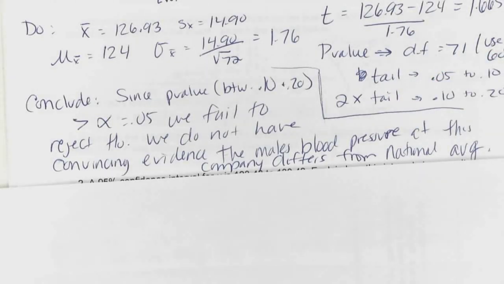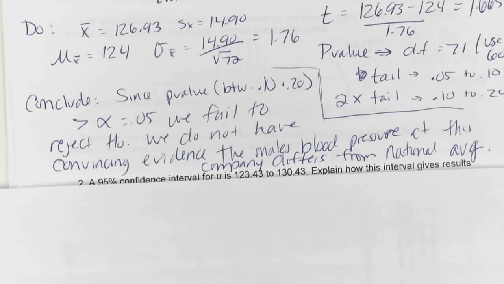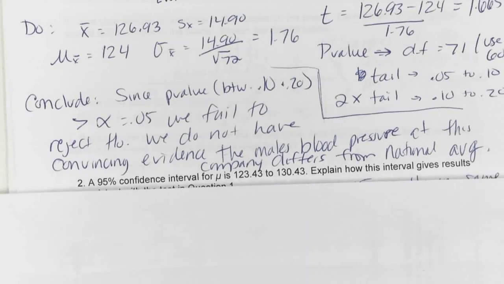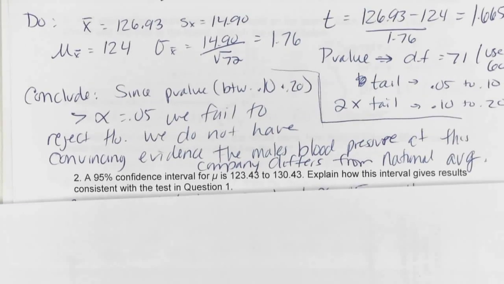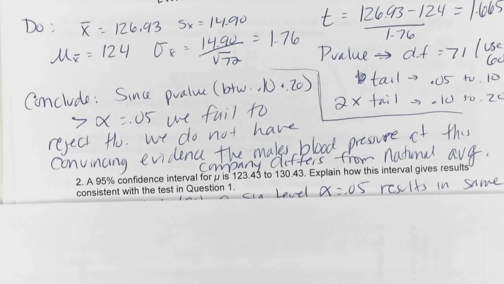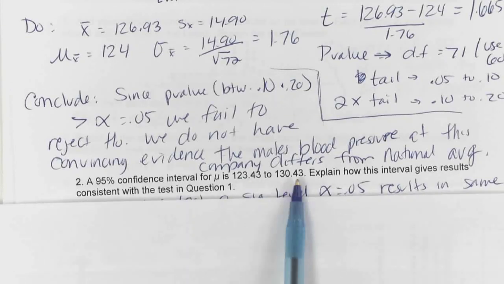Now here's the connection I wanted to make next, the connection to confidence intervals. So a 95% confidence interval. I'm not going to have us go back and actually recalculate like we did in the previous chapter, but if we made a 95% confidence interval out of the information that we had, these would be the bounds of the interval.